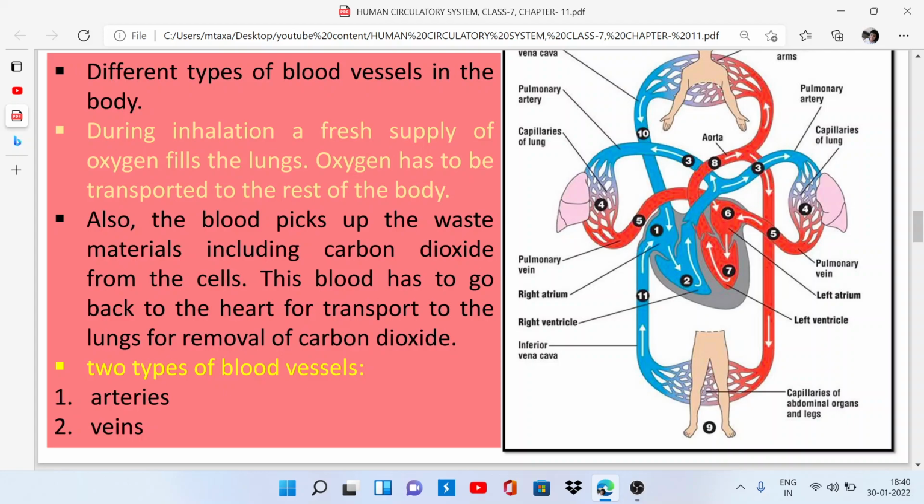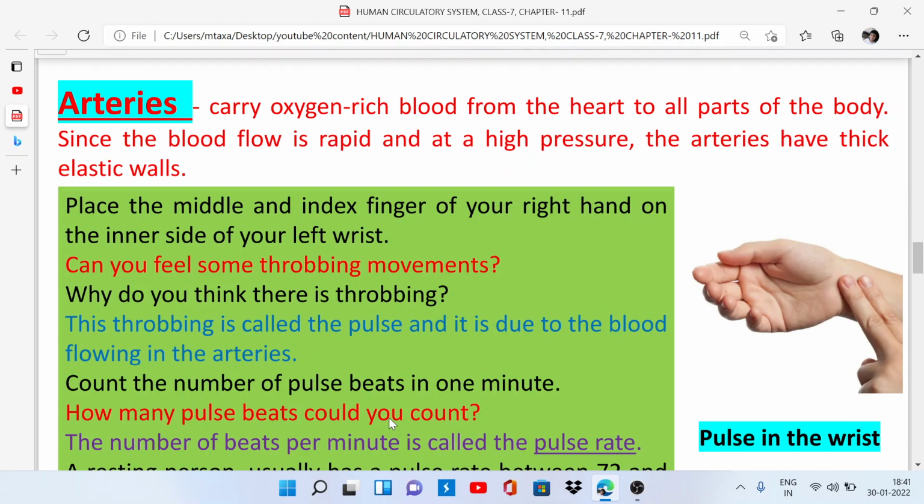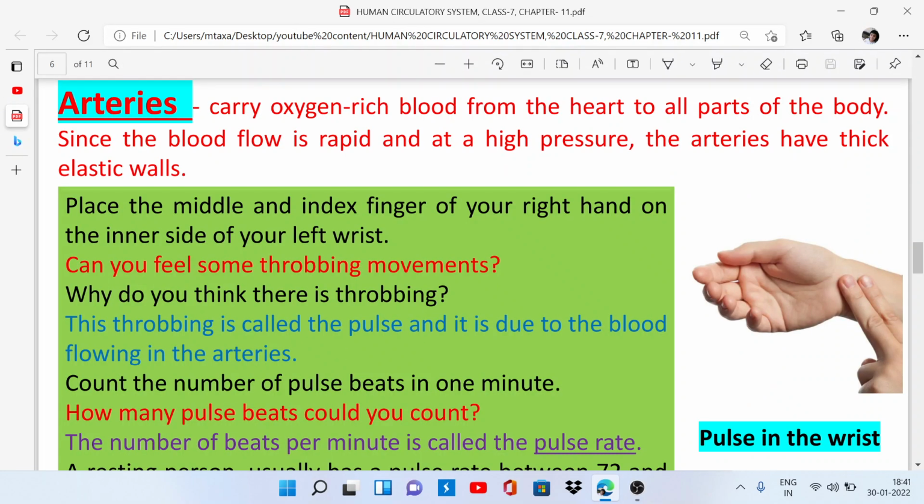So, two types of blood vessels we have studied here are the arteries and the veins. Arteries carry oxygen rich blood from the heart to all parts of the body. Or we can say arteries are the blood vessels which supply blood from the heart to different body parts.